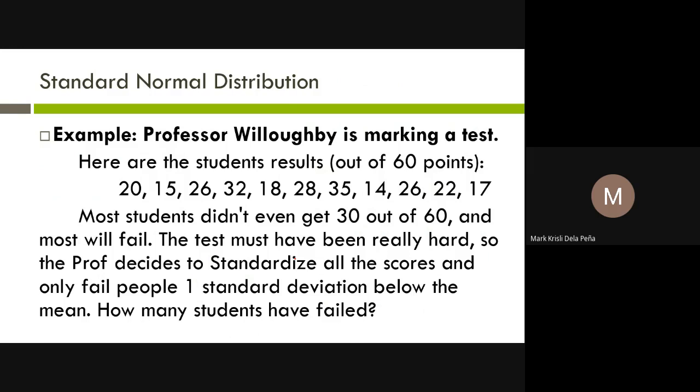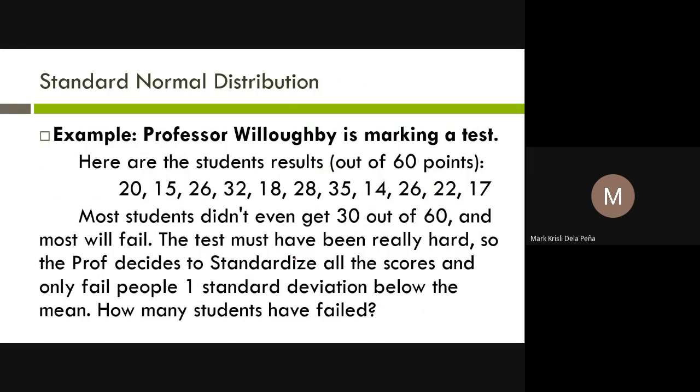As you can see here, only one got more than 30 out of 60 points. And if we check, most of them will fail the test. Now Professor Willoughby analyzed this and he thought that the test must have been really hard.